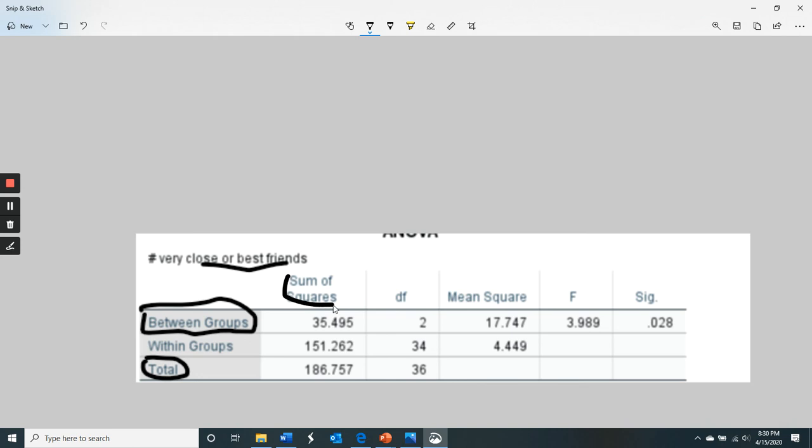So we look at sum of squares because that's our measure of variance. And so we take the between sum of squares and we divide it by the total sum of squares. That will give us the percentage of the total variance that was linked directly to our PV of extroversion.